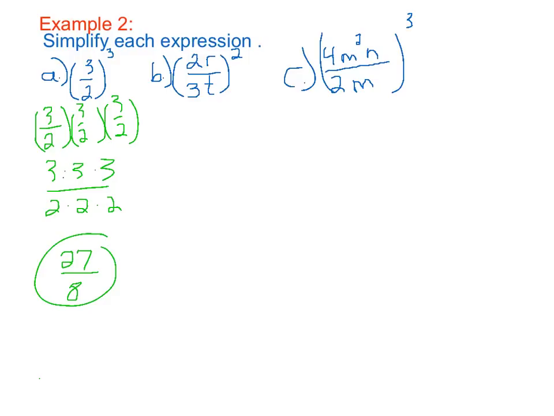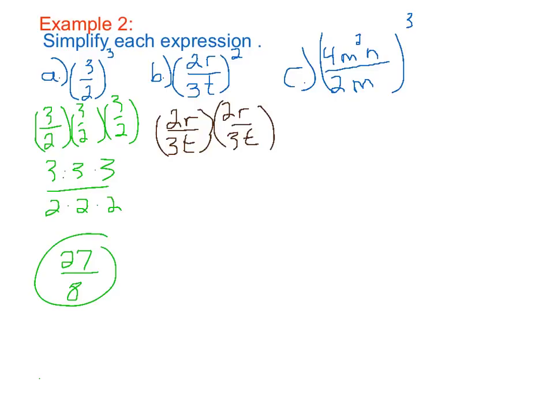For part B, we're raising everything to the 2nd power. That means we multiply everything inside the parentheses by itself twice. So we have 2r over 3t times 2r over 3t.